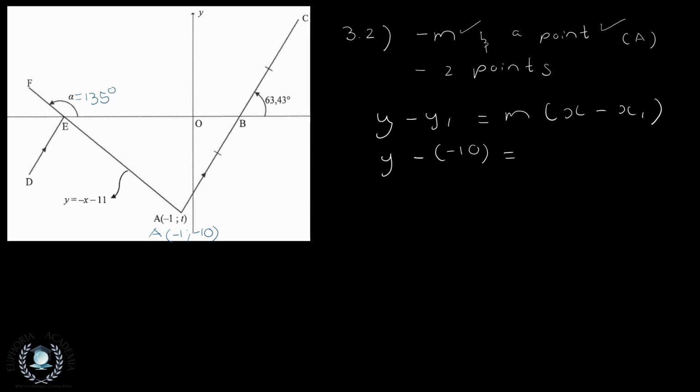We calculated it in the previous question, which is 2, and the x1 is minus 1, so that's going to be plus 1 right there. And after some algebra, we're going to find that we have y plus 10 is equal to 2x plus 2, which will lead us to say that y is equal to 2x minus 8.